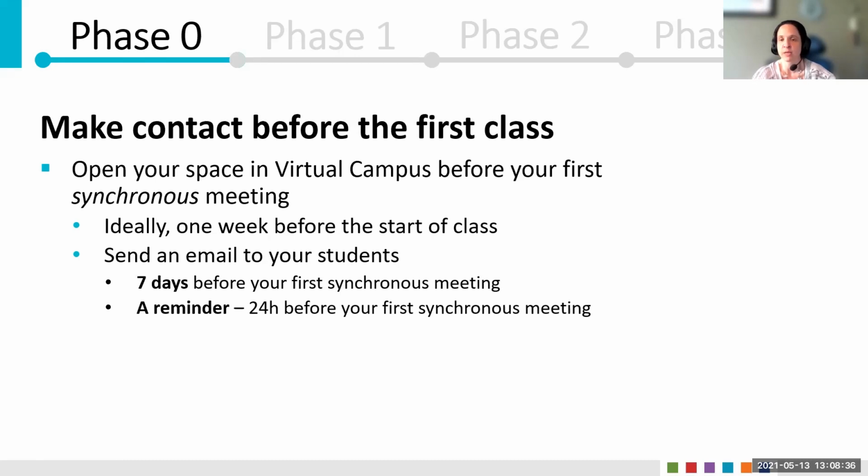And that important information includes what format you're going to be using, Zoom or Teams or any other platform, how to connect, and all that important information. So ideally, you would do that about a week before your first meeting. And then again, as a reminder about 24 hours before your class is set to start.